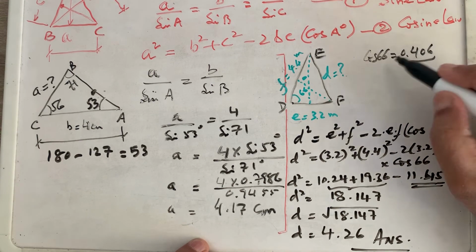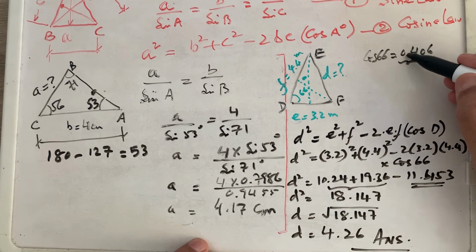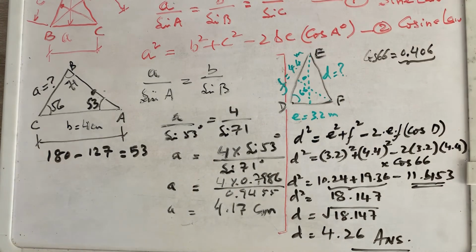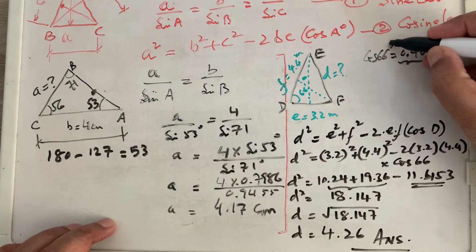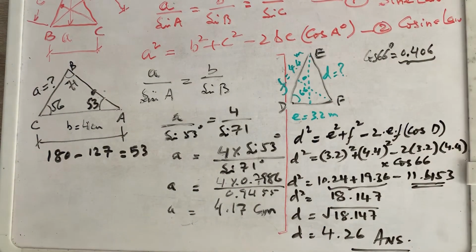If somebody takes only 0.4, the answer will have a little variation. But you don't have to think about that. If the question says that you have to round off the values up to 2 decimal places or 1 decimal place, you have to do accordingly. But here I used up to 3 decimal places.